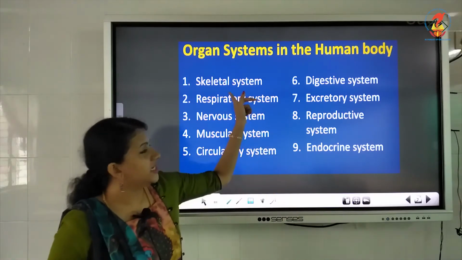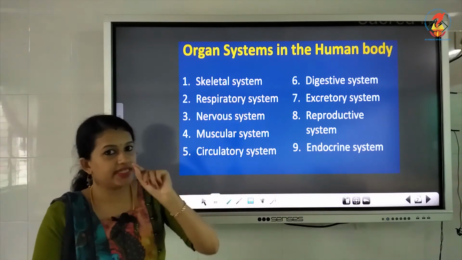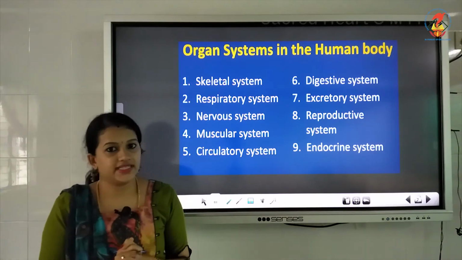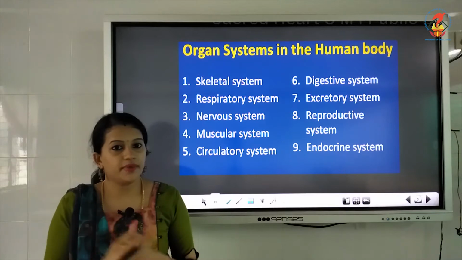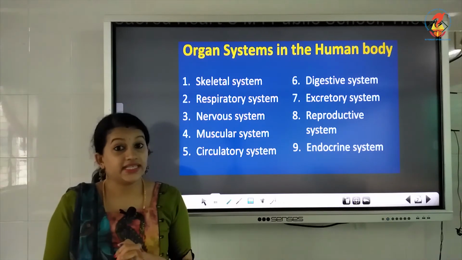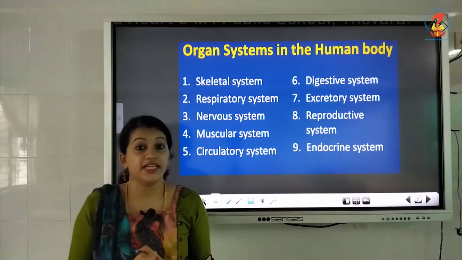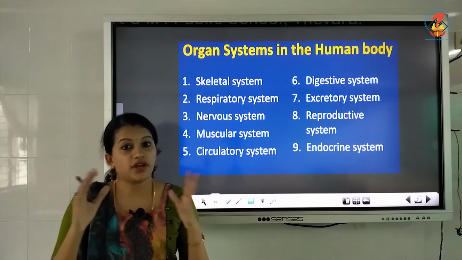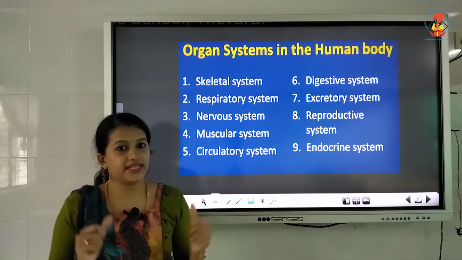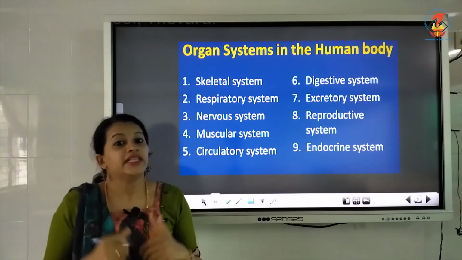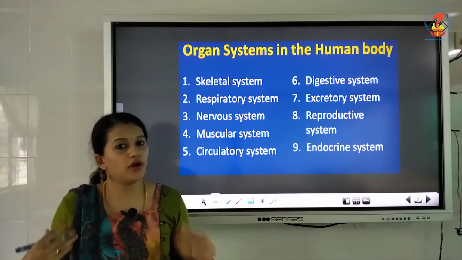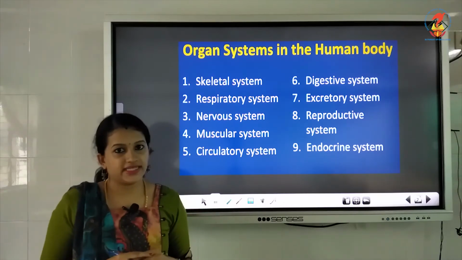And you also learned about the skeletal system. We had started discussing the skeletal system, isn't it? Do you remember what all we discussed about it? Yes, the skeletal system gives support and the structural framework to our body. The skeletal system is made up of the skeleton, which is made of bones, and in our body there are 206 bones.